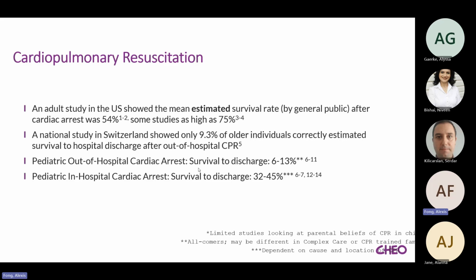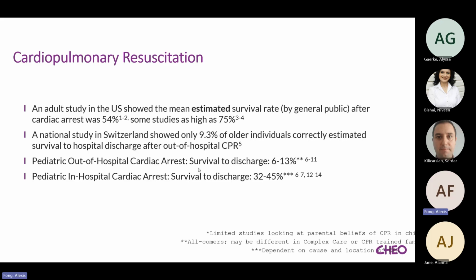The actual numbers are significantly different. Out-of-hospital cardiac arrest survival to discharge is anywhere from 6 to 13%, and in-hospital cardiac arrest is 32 to 45%. These are all-comer numbers, and it's worth keeping in the back of your minds that this doesn't take into consideration our complex care families who may be CPR trained, or patients who have multiple comorbidities and are at higher risk.